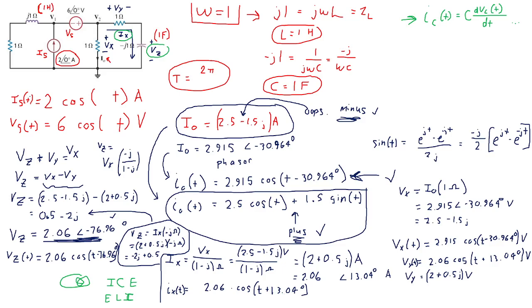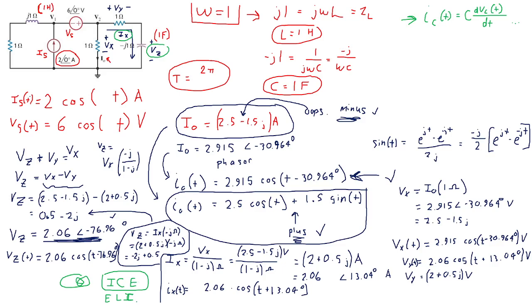Okay, I'm just going to continue the audio again. Leading the voltage by 90 degrees. So the current is leading the voltage by 90 degrees. This is a capacitor. And so current in a capacitor, current leads voltage by 90 degrees.